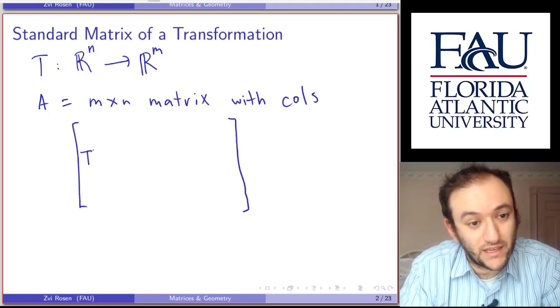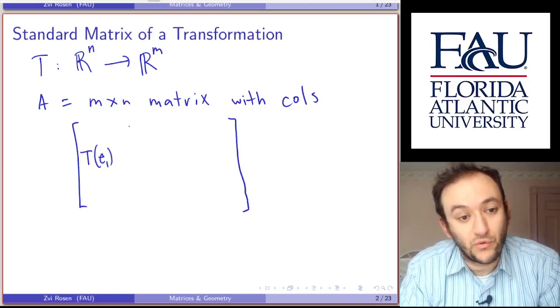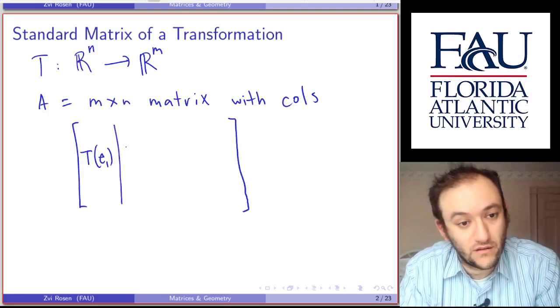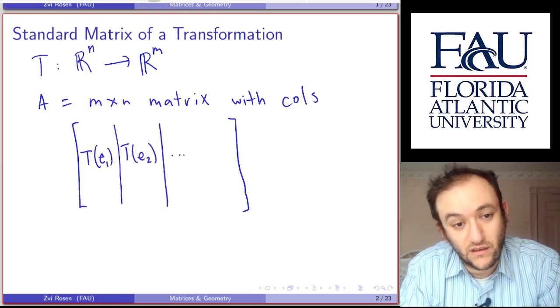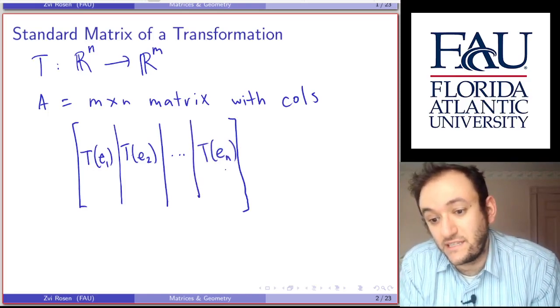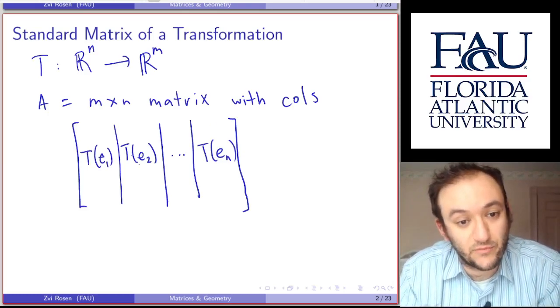Column 1 is what you get when you apply T to the first basis vector. Column 2 is what you get when you apply it to the second basis vector, etc., up until column n, where you write what you get when you apply T to e_n, the nth standard basis vector.